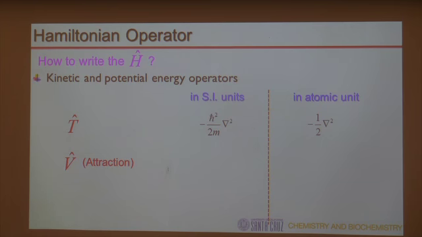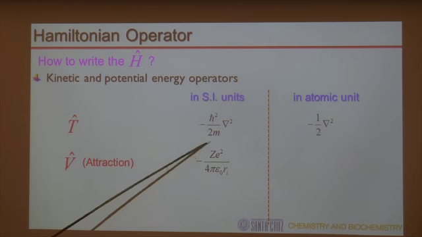Next, the potential energy operator due to attraction. Just remember the form; the formula is like this. It actually has a negative sign, and here Z is the atomic number of the nucleus. For example, for the hydrogen atom, Z equals 1, but for the helium atom, Z equals 2.